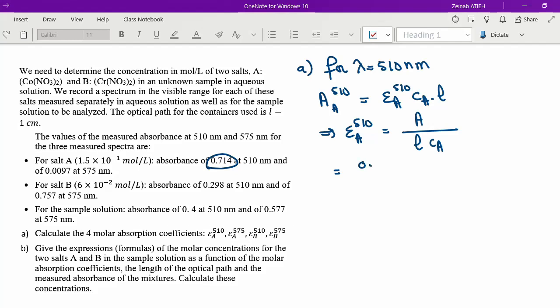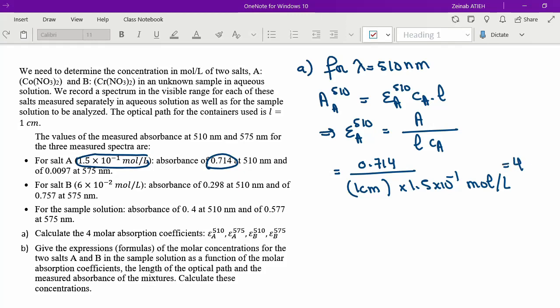It's 0.714. The width is 1 centimeter. And the concentration, here it is, it's given. It's 1.5 times 10 to the power minus 1 mole per liter, which gives us an answer of 4.76 liter centimeter minus 1 mole minus 1.